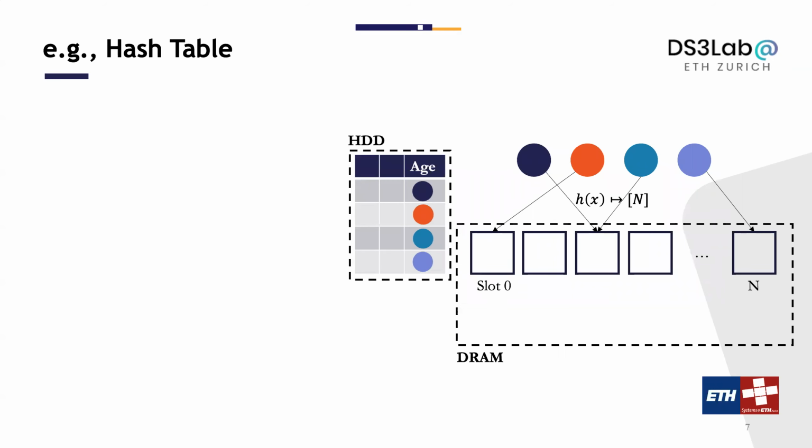So this is just a very simple example of a hash table that we talked about in the last lecture, right? I have my relation stored on my hard drive. Here I have the relation with maybe 4 tuples. And if you want to have a hash index on this, I could build some in-memory data structure. Here's a hash table.